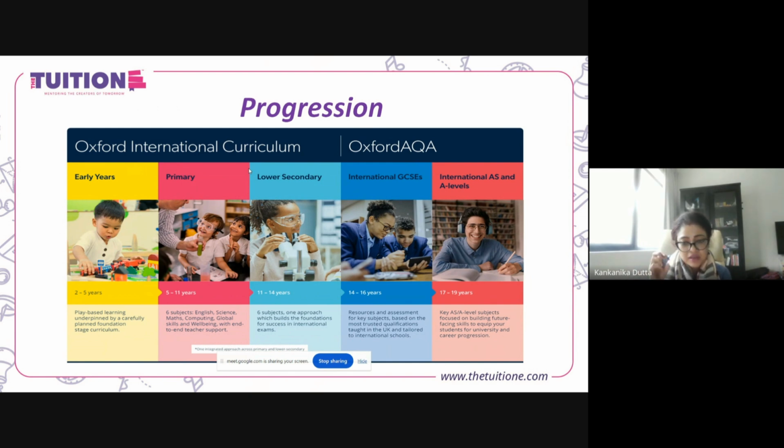Now, what I said about fair assessment is that it measures a student's ability in the subjects they have studied. So only 6 subjects as opposed to 8 or 9 subjects in the GCSEs or other IGCSEs. Here it is 6 subjects only.